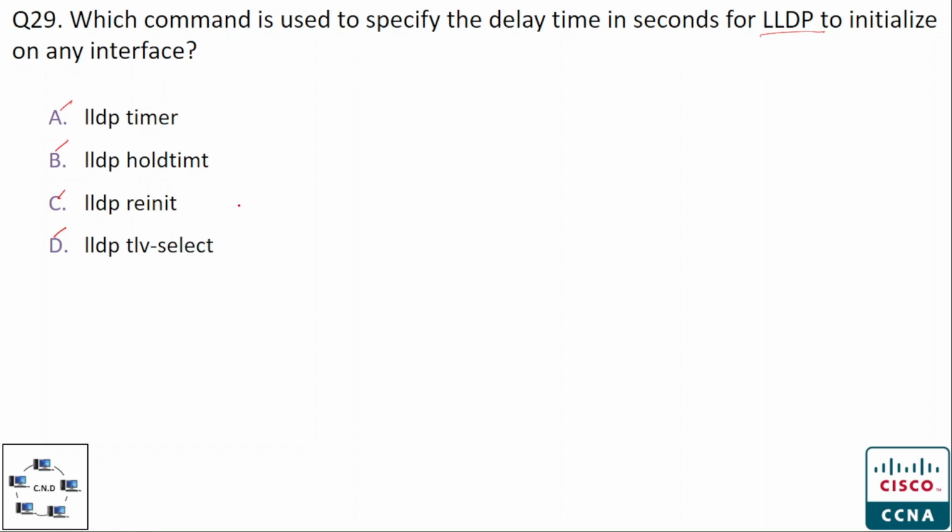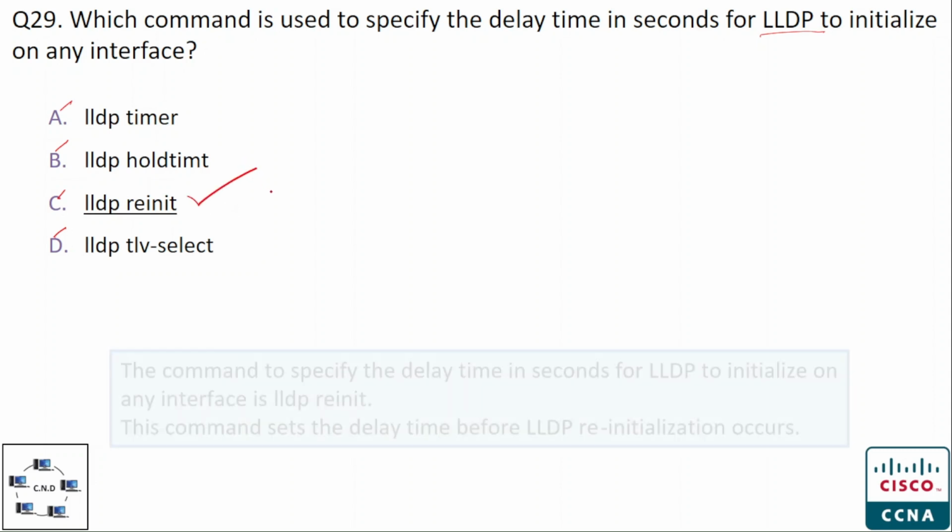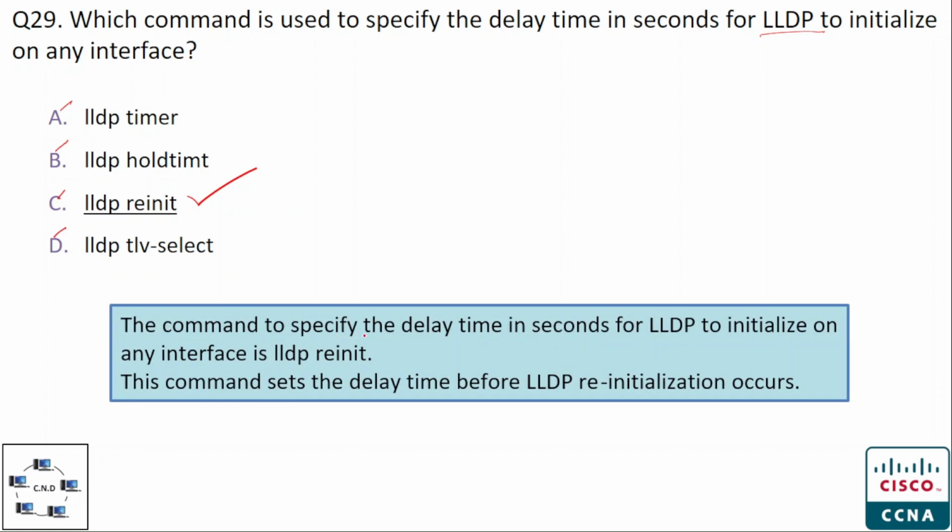And the correct option is option C, LLDP re-init. So the command to specify the delay time in seconds for LLDP to initialize on any interface is LLDP re-init. This command sets the delay time before LLDP re-initialization occurs.